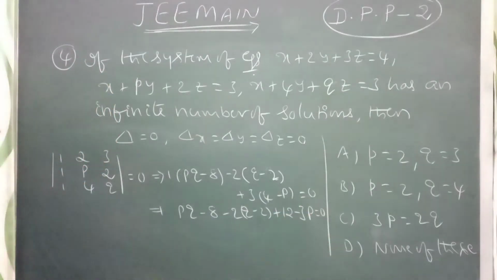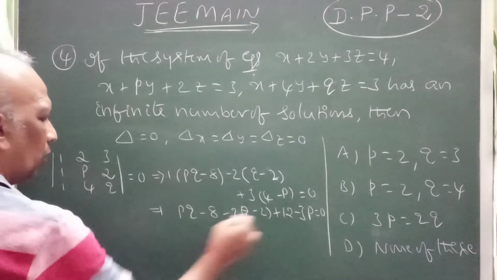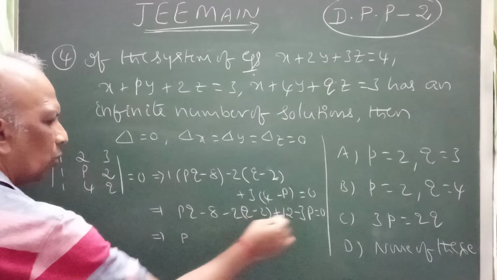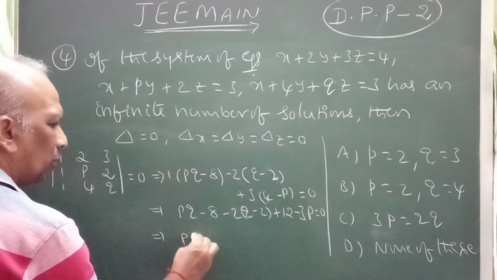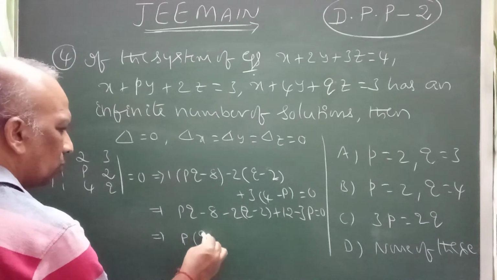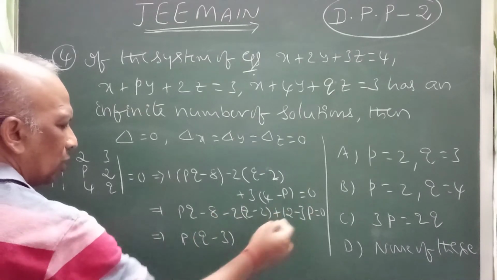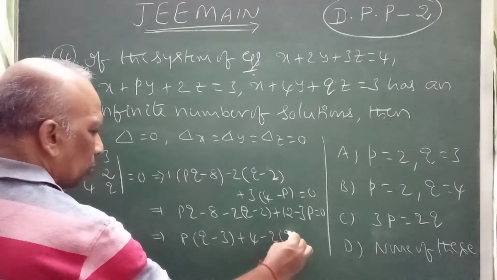I can find the relation between p and q here: pq minus 3p, so p into q minus 3, and minus 8 plus 12 gives 4, minus 2 into q minus 2.